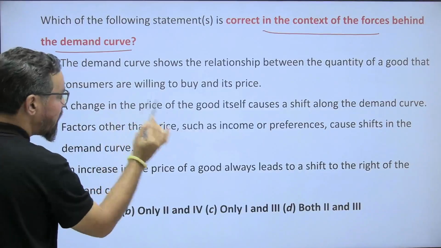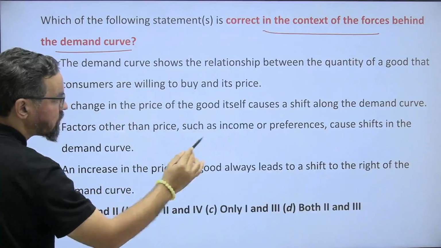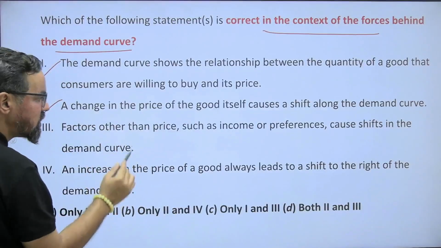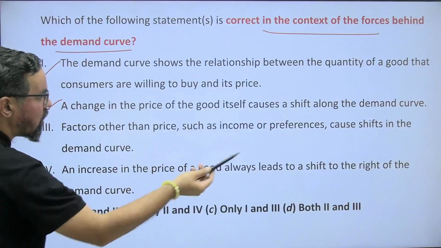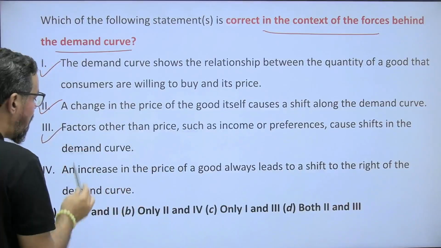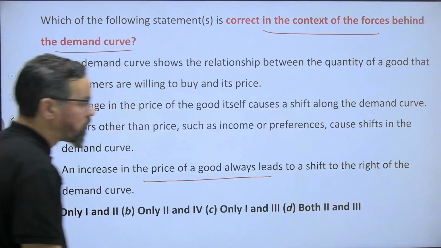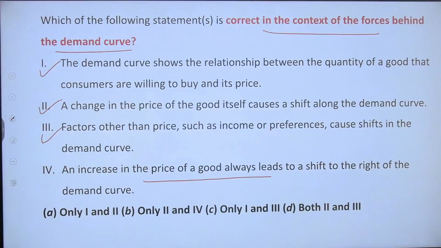A change in the price of the good itself causes a shift along the demand curve. Factors other than price, such as income or preferences, cause a shift in the demand curve. An increase in the price of a good always leads to a shift to the right of the demand curve.